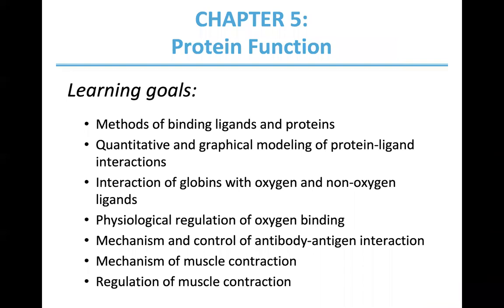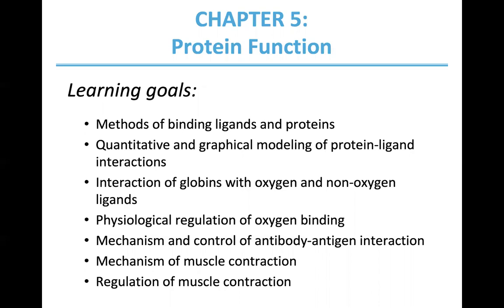What we will find out is that the intermolecular forces that are used by proteins to fold into three-dimensional shapes and forms can also be used to describe ligand binding to proteins. So here we actually killed two birds with one stone, and it's going to save us a lot of time on learning these concepts.